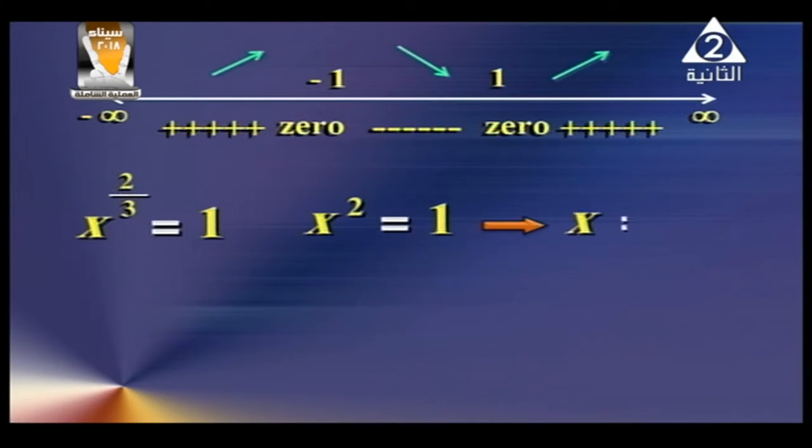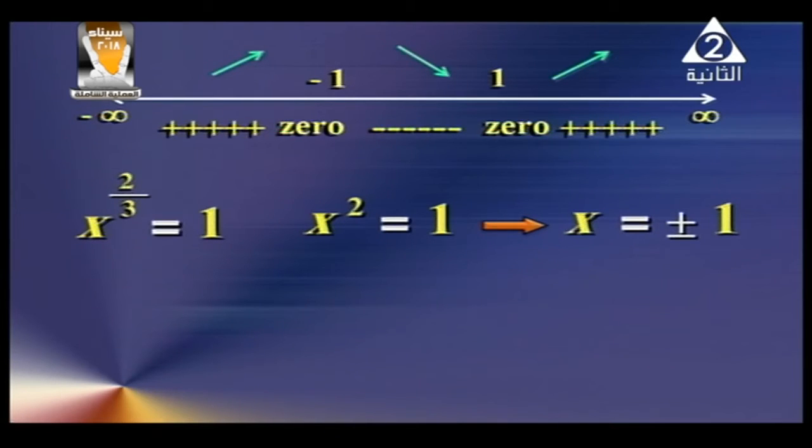Negative or positive 1. After we set f'(x) equals 0, we find x equals positive or negative 1. Look at the number line from negative infinity to infinity: the two values of x which make f'(x) equal 0 are negative 1 and 1.